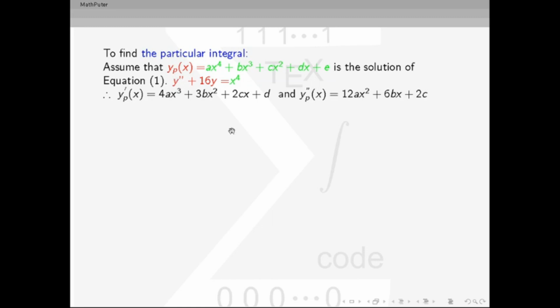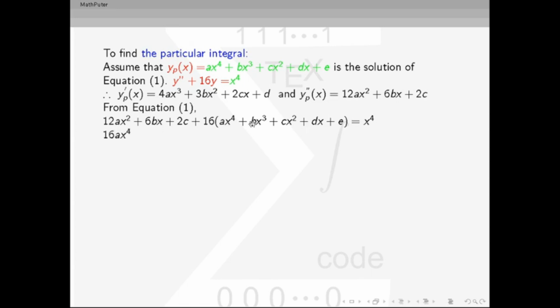So what we have, yp double dash is 12x square plus 6bx plus 2c, plus 16 into y, where y is x raised to 4 plus bx cube plus cx square plus dx plus e, is equal to x raised to 4. Now let us try to compare the coefficients. Here the coefficient of x raised to 4 gives the term 16x raised to 4.